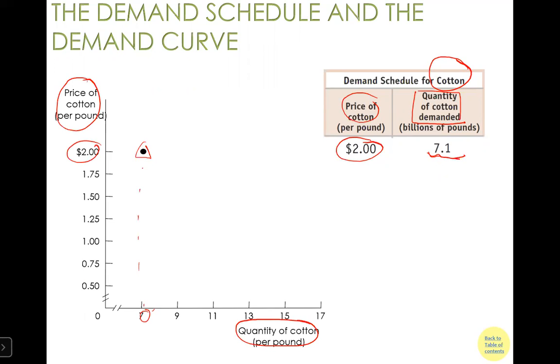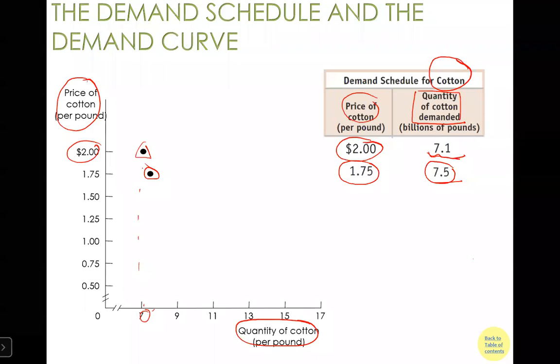So this is the first observation. When the price decreased from 2.0 to 1.75, the quantity demanded increased from 7.1 to 7.5. Now we move to this dot. Okay, and we continue this process.